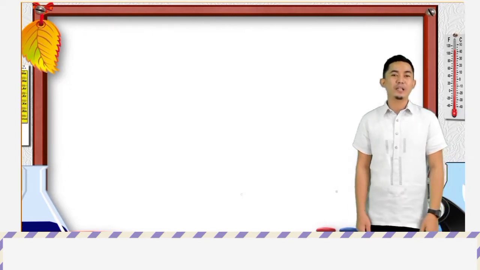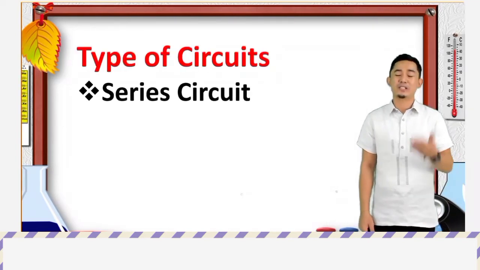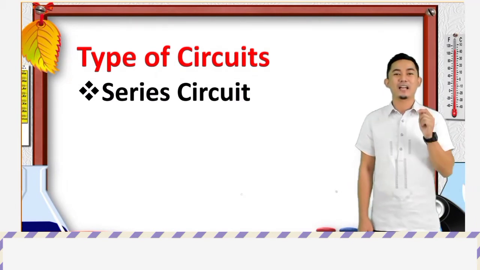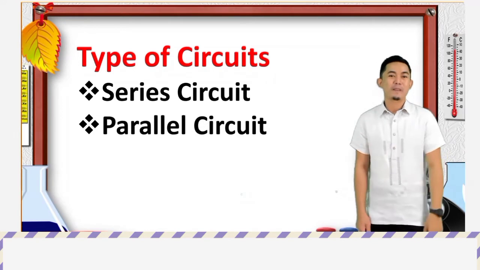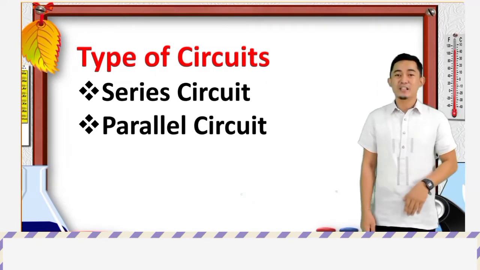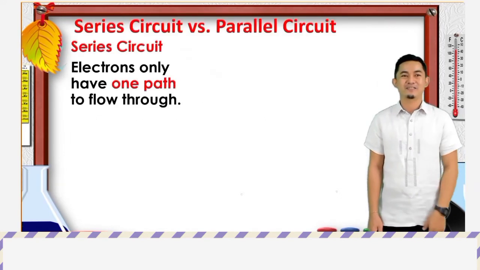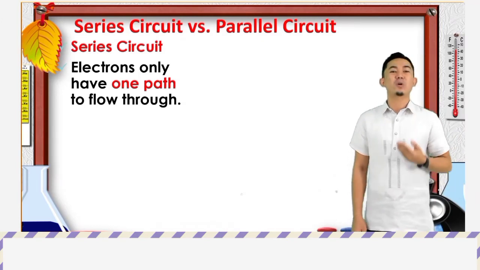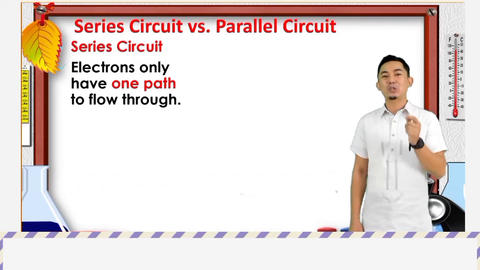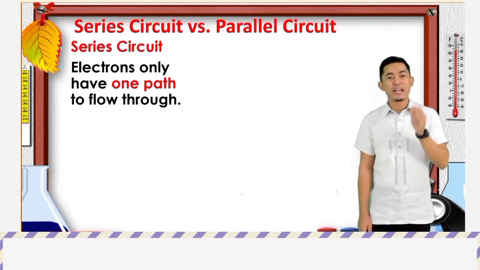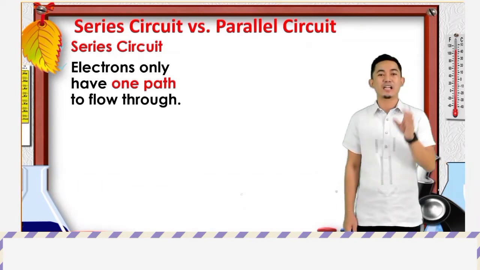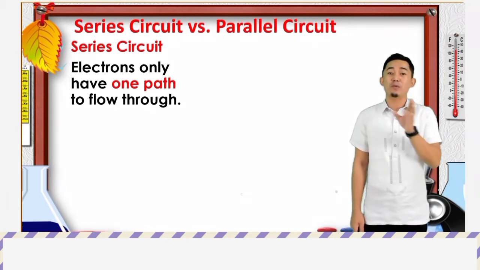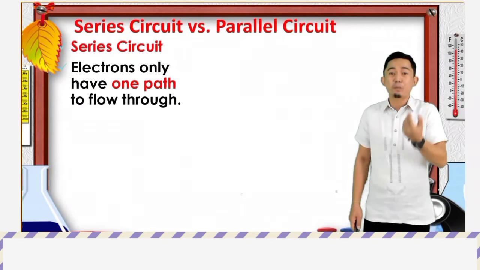So let's start with types of circuits, and these are series and parallel circuit. Let us discuss the meaning of series. When we say series, class, the electrons only have one path to flow through. I highlighted these two words, one path. So there's only one way for the electrons to flow.